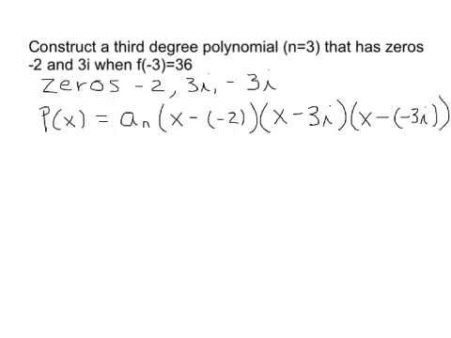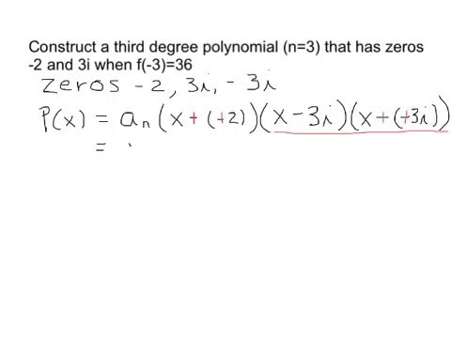So the first thing we can do then is take each of those minus and negatives and turn them into a plus, a positive. So there's one there for the 2 and then another one for the -3i. And now we need to expand the 3 different factors. And the easiest place to start is actually with the back 2, because they are conjugates, and when you multiply conjugates with complex numbers, they turn out to be nice-looking polynomials.